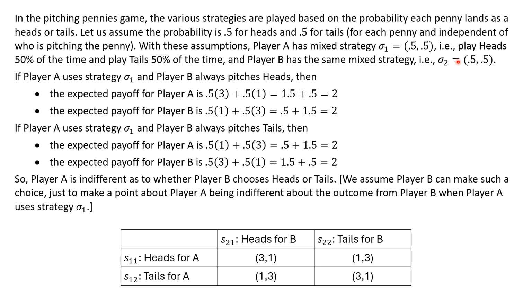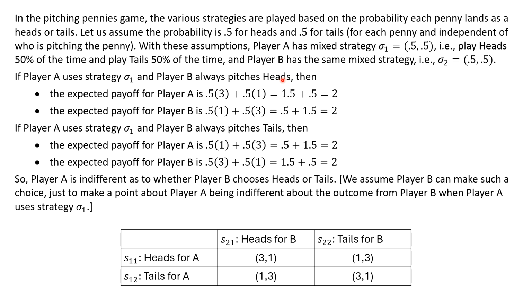And strategy sigma sub 2 is similar for player B, where player B selects heads 50% of the time and tails 50% of the time. And what we can do is compute the expected payoff, we'll start with player A.